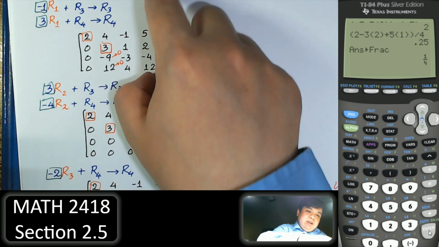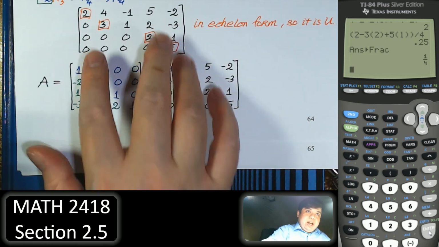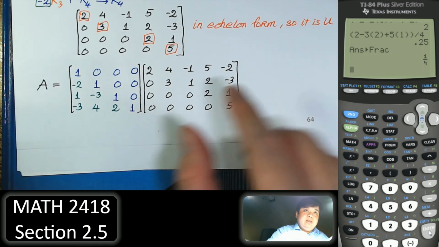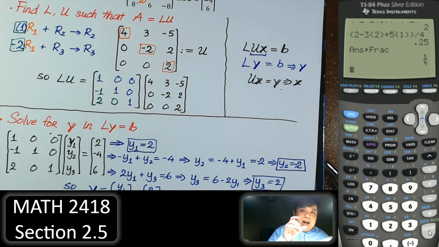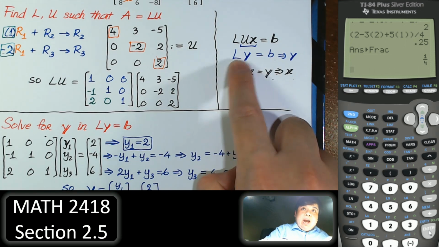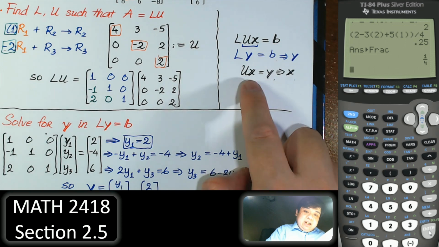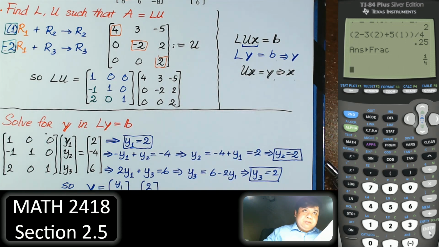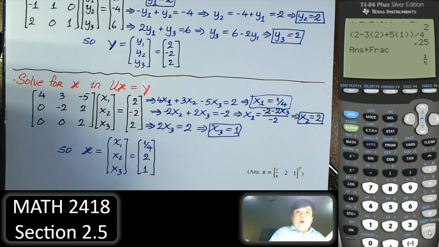In this one we have the first one, second, and third corresponding to the L matrix, first, second, and third pivot. Right, and once we have A decomposed into L and U, using this, solve for Ly equal to B, solve for Y, and then solve for X in Ux equal to Y. And that's what we have. And that's all we cover in this section.